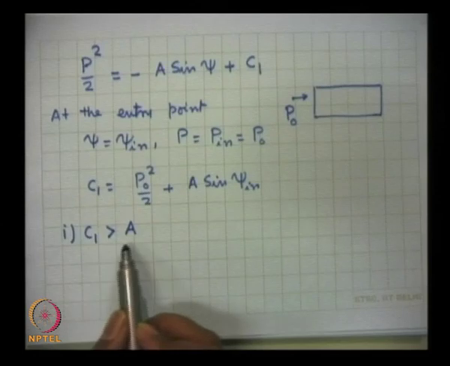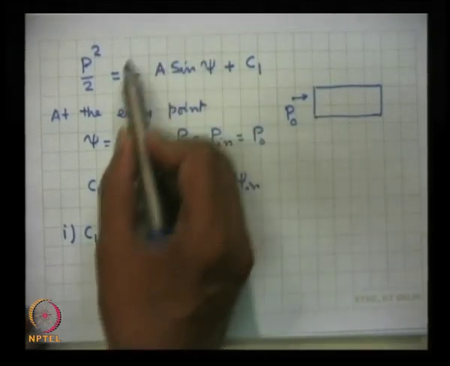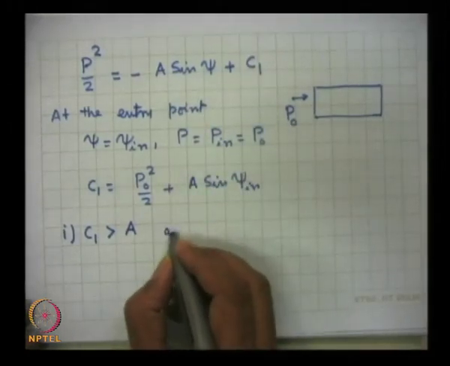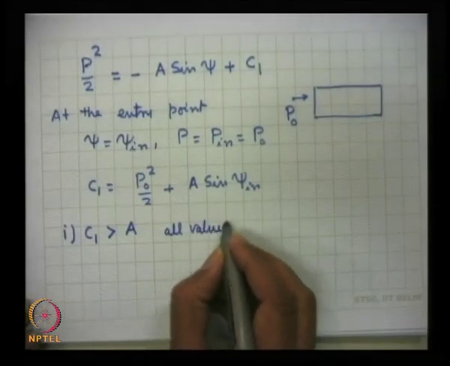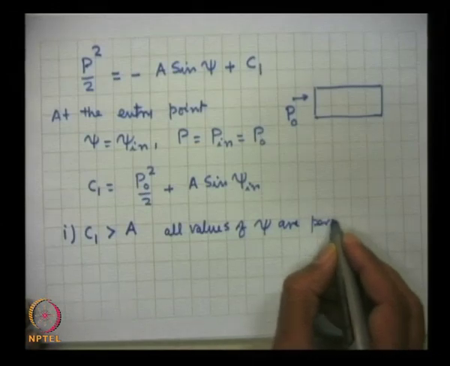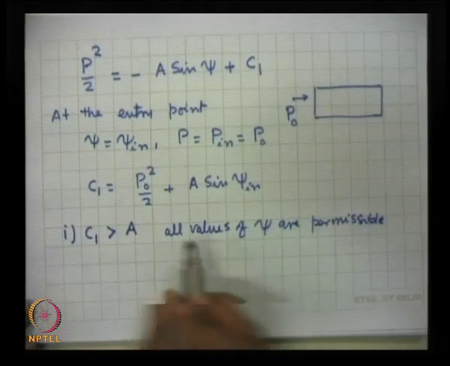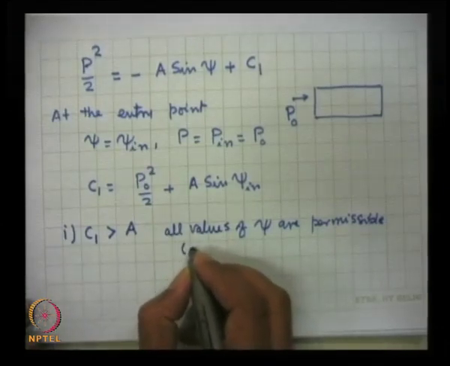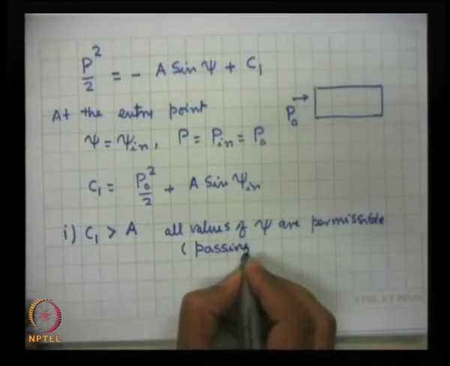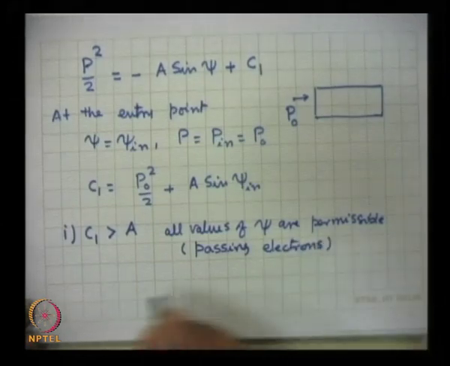So, when C1 is bigger than A and positive, in that case this right hand side will also be positive, and hence all values of the phase of the wave are accessible. All values of psi are permissible. And such electrons which satisfy this condition are called passing electrons or untrapped electrons.